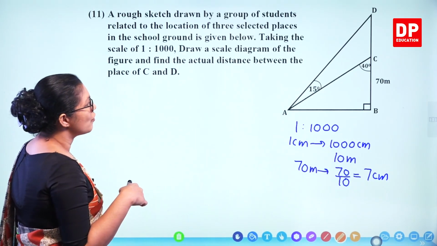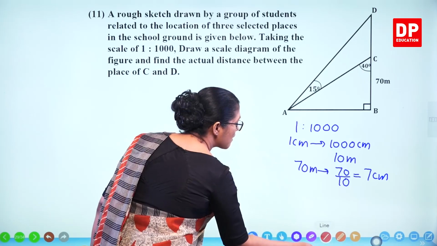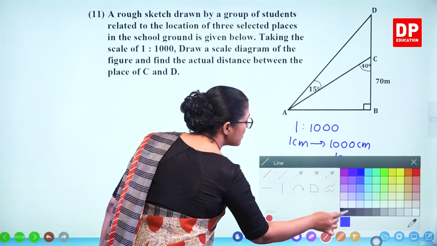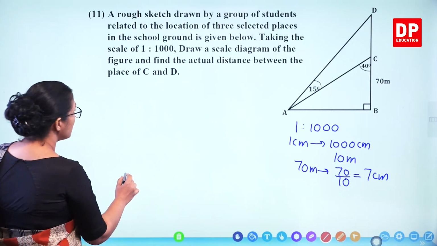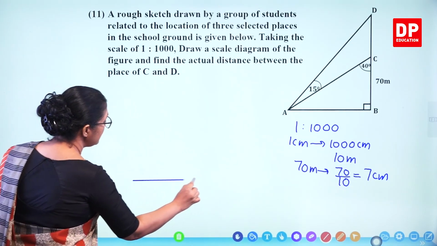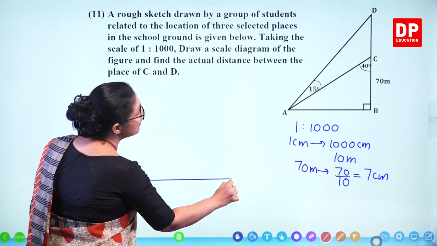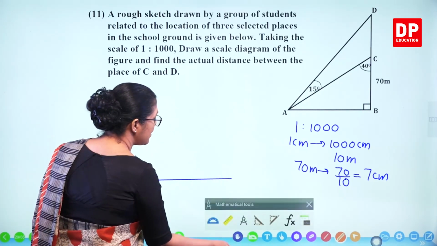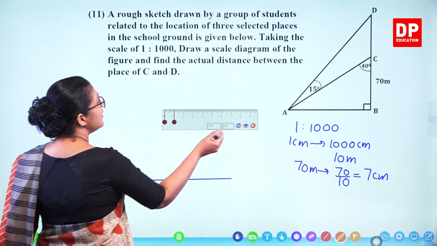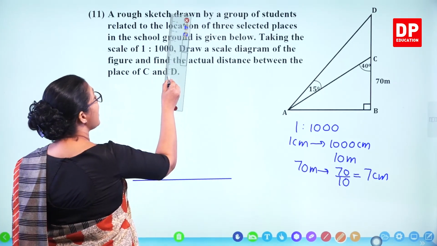So we'll draw the diagram. Here you can use the set square and protractor to measure angles. So we'll draw the baseline here, and then we'll take the ruler and we need a 90-degree angle.